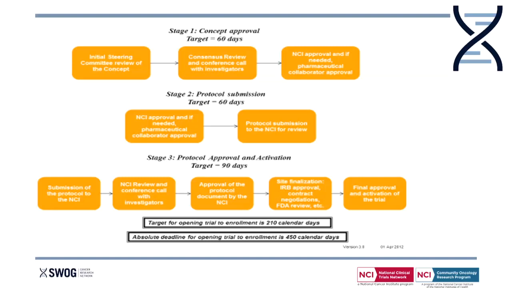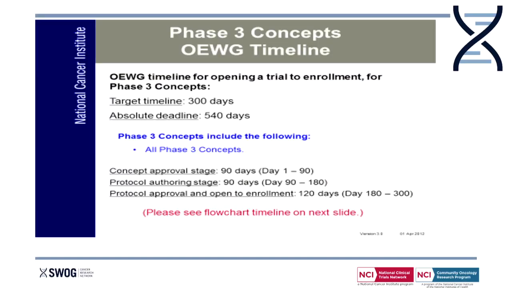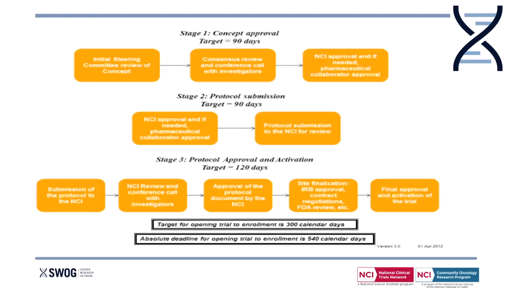A lot of times I think about a phase 2 study as being a somewhat premature baby, and then a phase 3 study is a full 9 months. Phase 3 studies, our target is 300 days and our absolute is 540 days. And again, it's the same thing, although the deadlines are a little bit extended because of the complexity of phase 3 studies.